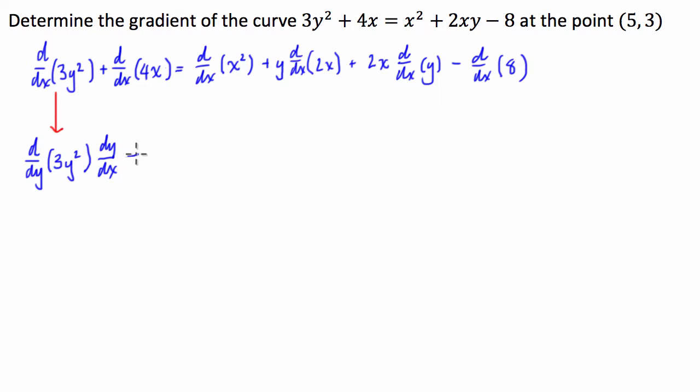So then we're going to add to that the derivative of 4x with respect to x, which is just 4. And that's equal to the derivative of x squared with respect to x, which is just 2x. The derivative of 2x with respect to x is just 2, and we're timesing it by y, so this is equal to 2y, plus, now what have we got here?